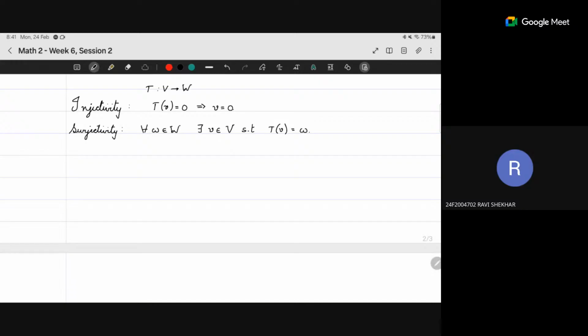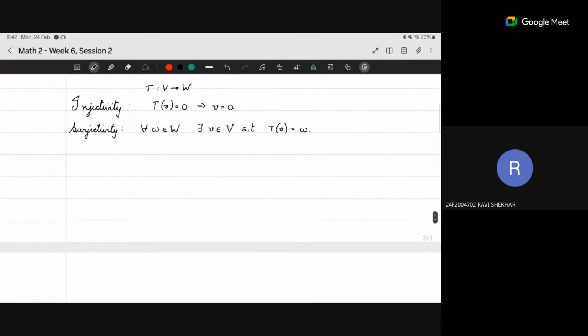In general, for injectivity you would have to verify that no two elements go to the same element, or T of V1 equals T of V2 implies V1 equals V2. This is the most general formulation of injectivity. But in the case of linear transformations, we just need to check that the pre-image of 0 is just the singleton 0.